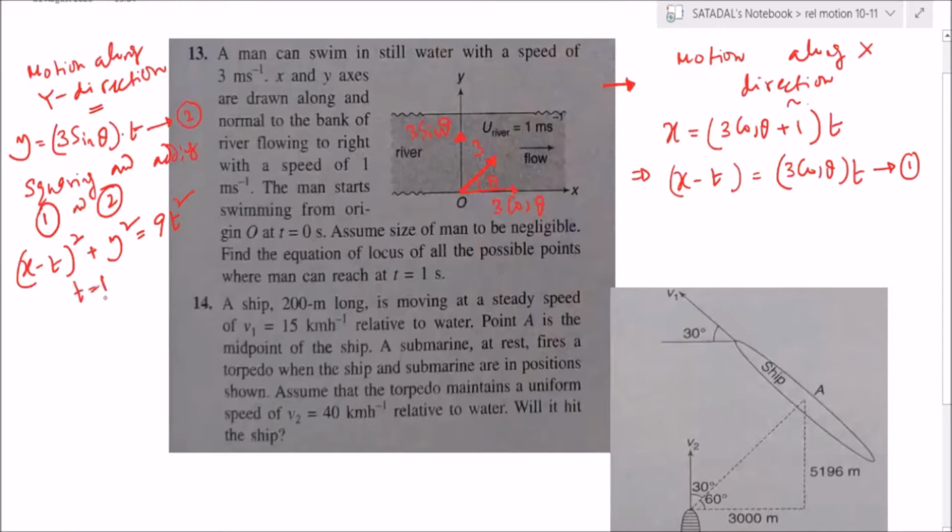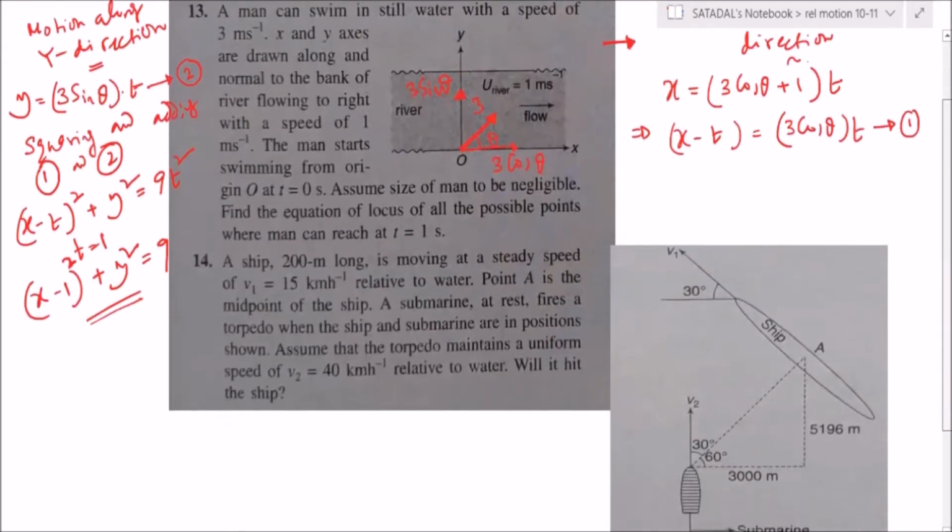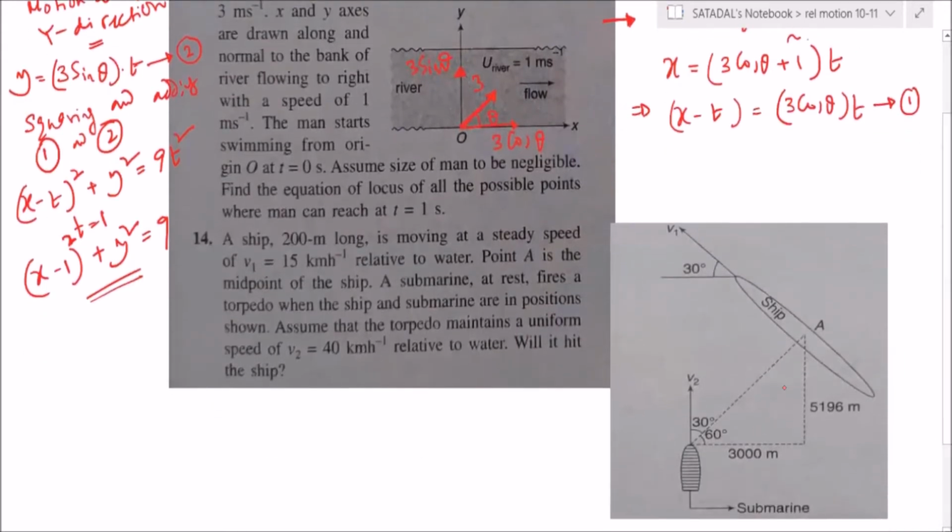So if you just put t equal to 1, you get (x minus 1) square plus y square is equal to 9. That's the locus. Right? Okay. Now everyone try question number 14.